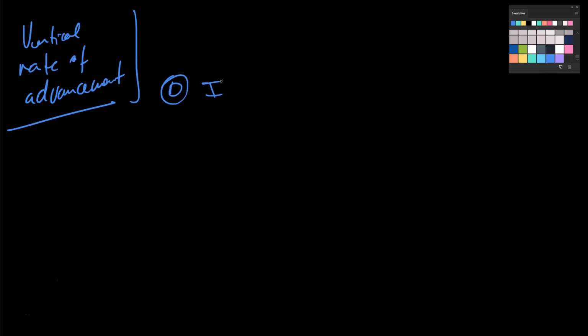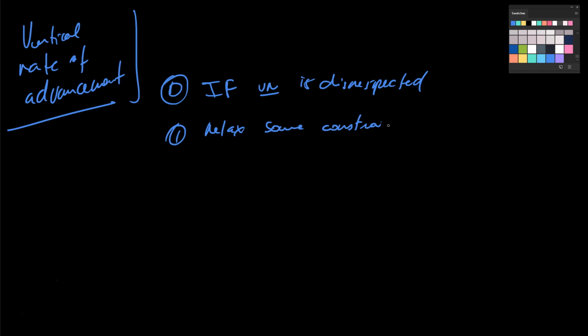Okay, so the first thing to consider is, if the vertical rate is disrespected, you could start with option 1: relax some constraint. We have more explanations on this in our knowledge base.